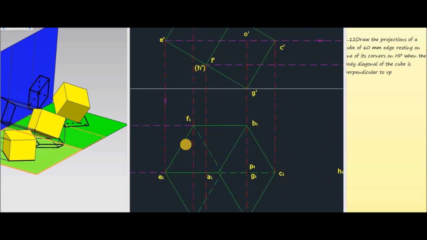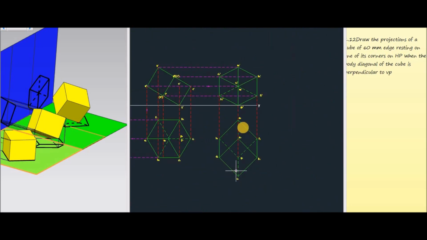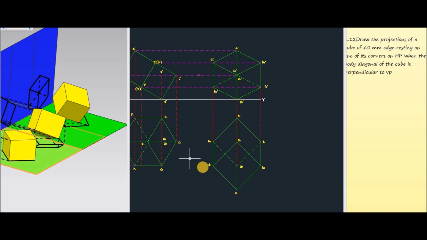Then the next step is, as per the question, when we rotate the cube with respect to the corner G, the body diagonal should be perpendicular to the VP plane. Here the body diagonal is already represented by the line E dash C dash or EC.